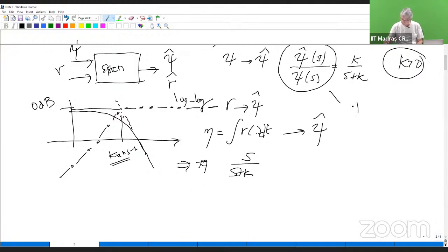There's another very interesting thing, because when you look at these transfer functions, I'm going to call this one T1, and the other one T2, when you add them up, you get exactly 1.